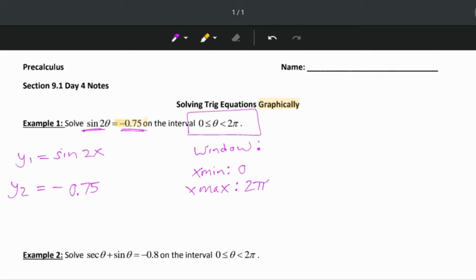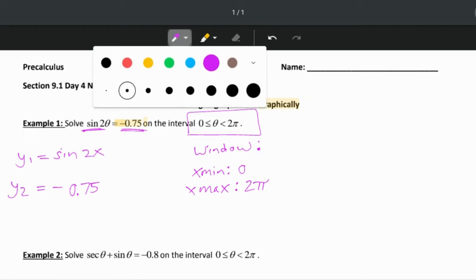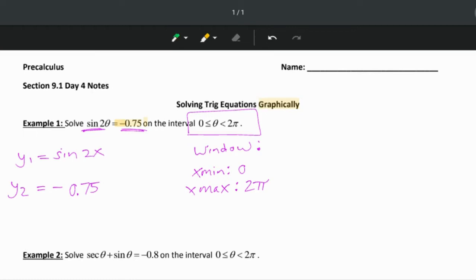You can also set the y values. Those don't matter as much, but you could think logically about what kind of y values we should have. If we're graphing sine 2 theta, you guys know there's a 1 in front. Amplitude is 1. That graph goes up to 1 and down to negative 1. So we might want to make our y values a little bit above 1 and a little bit below 1, just so we can see everything.